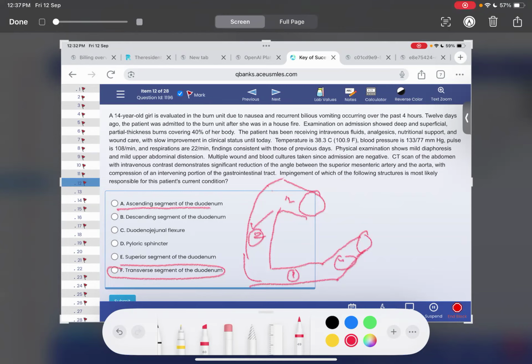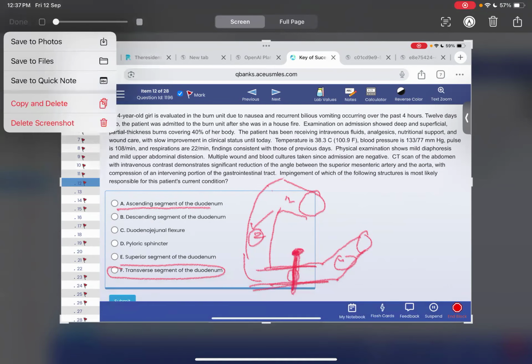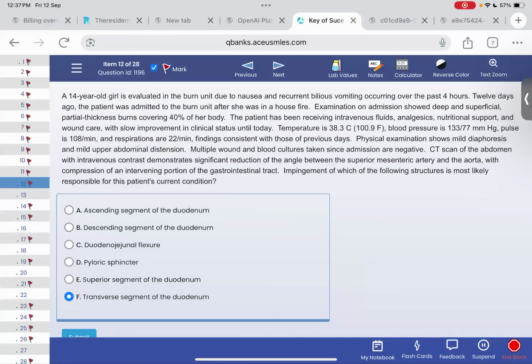So it is basically the transverse part of the duodenum, and there is your superior mesenteric vein above the third part of the duodenum. Okay, so it's not that confusing a question.